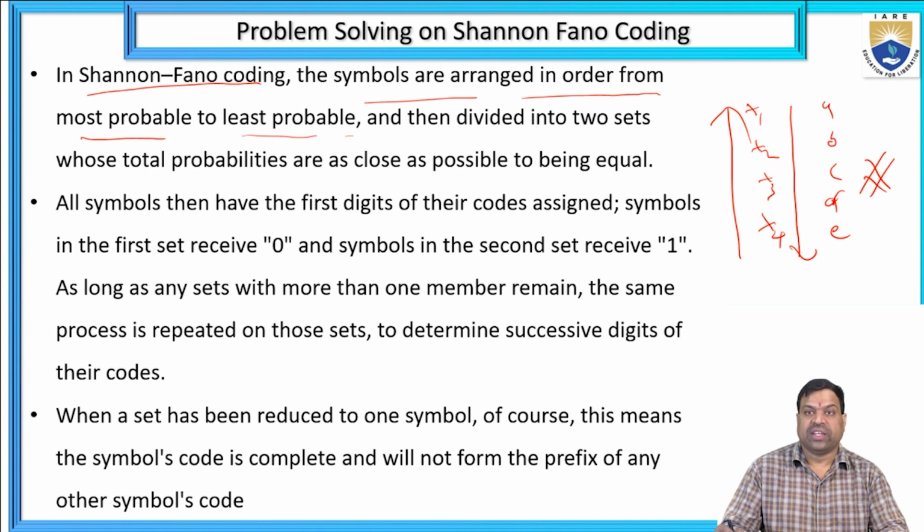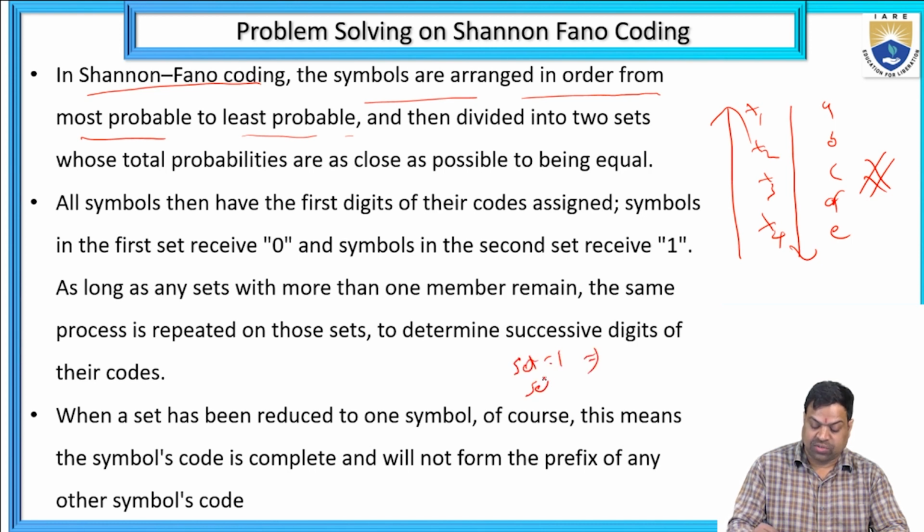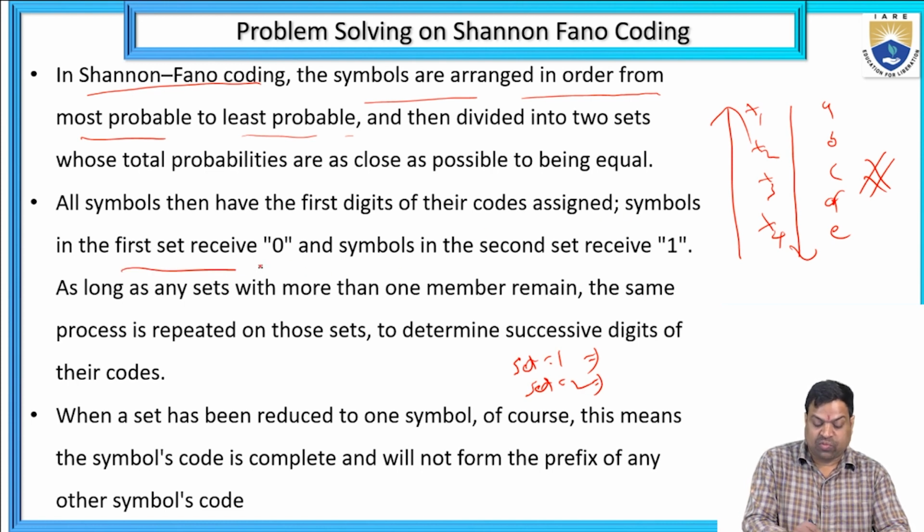All symbols then have the first digits of their codes assigned. Symbols in the first set receive 0 and symbols in the second set receive 1. So, if I am taking set 1 and set 2, the symbols in the first set receive 0 and the symbols in the second set receive 1.